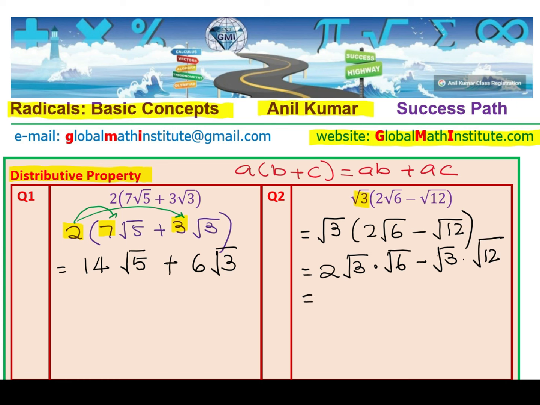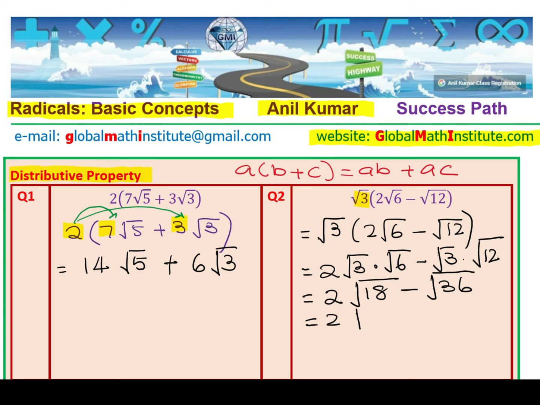Now, as we did with multiplication exercise, we multiply the terms inside the radicals together. So we get here 2 square root 6 times 3, which is 18. And we have 3 times 12, which is 36. Perfect. Now we can simplify these radicals. 18 can be written as 9 times 2, right? 9 is a perfect square.